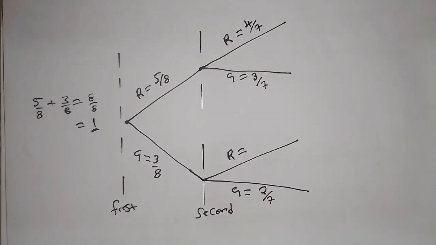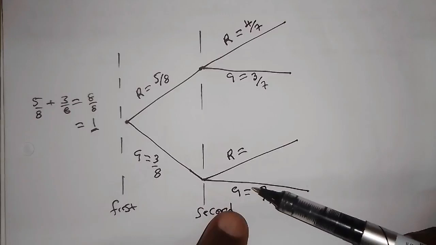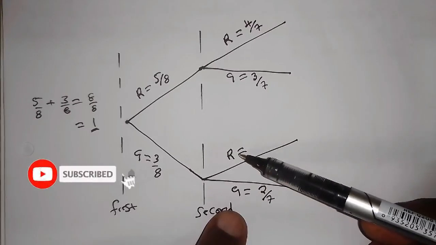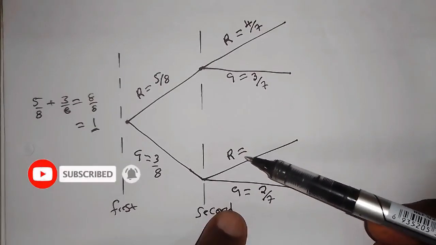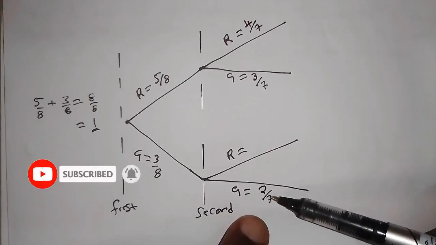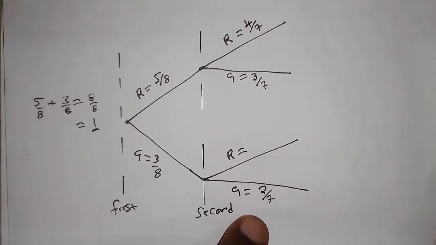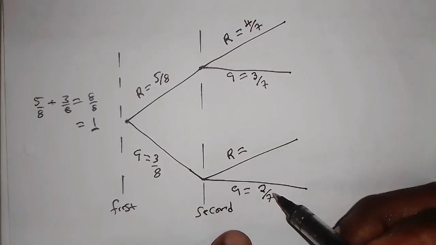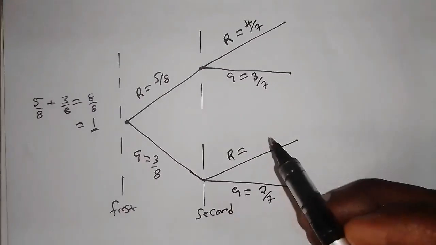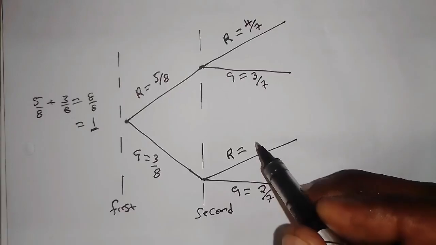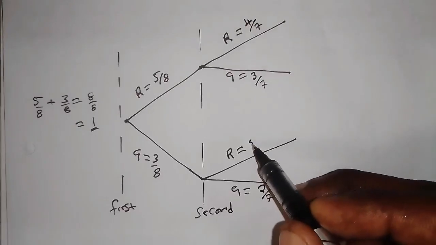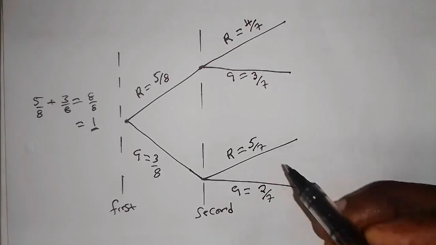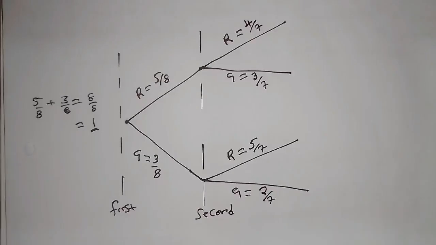And now if I select this one, I did not select the red ball, so it simply means that the probability of not selecting red will be something such that when I add these two probabilities, I should get 1. So this is going to be 5 out of 7.